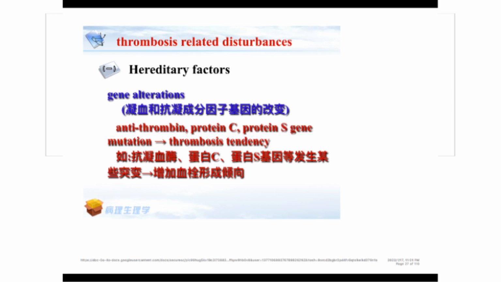So there are some factors that don't like the blood to clot, which are antithrombin 3, protein C, protein S. These are the major ones, but we also have plasminogen. These prevent clotting, while plasminogen, if it is activated into plasmin, works differently.